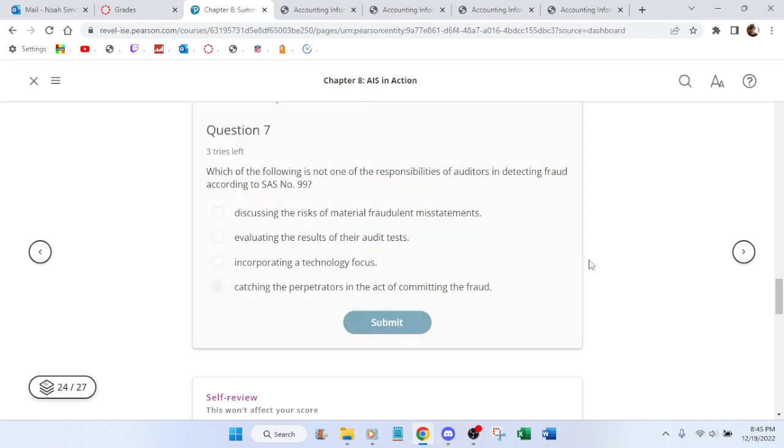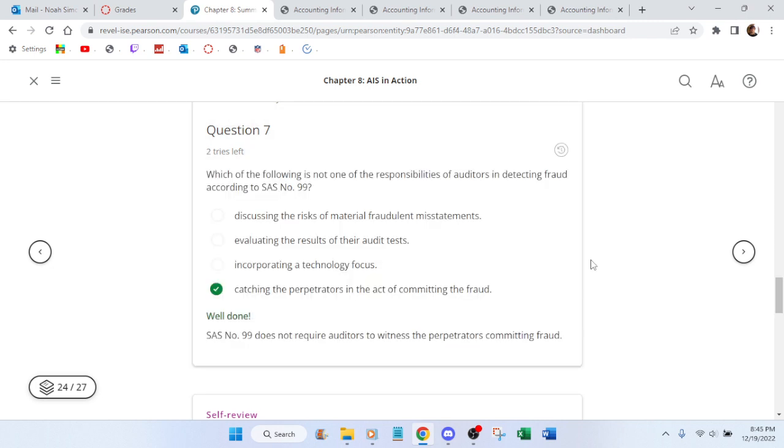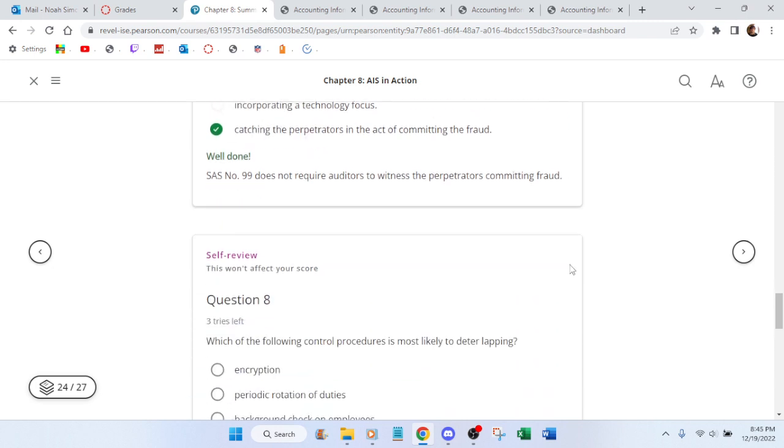Catching perpetrators in the act of committing fraud. Their responsibilities include discussing the risk of material fraudulent misstatements, evaluating the results of their audit tests, and incorporating a technology focus.